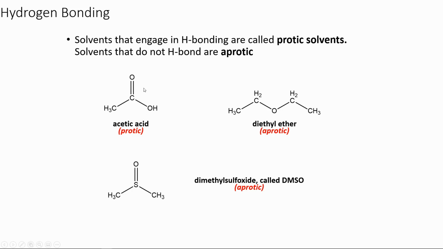So acetic acid is a protic solvent. We have a hydrogen attached to an oxygen. Solvents that do not have the ability to become hydrogen bond donors are aprotic solvents. So for example, dimethyl sulfoxide has hydrogens that are only attached to carbons, as does diethyl ether.